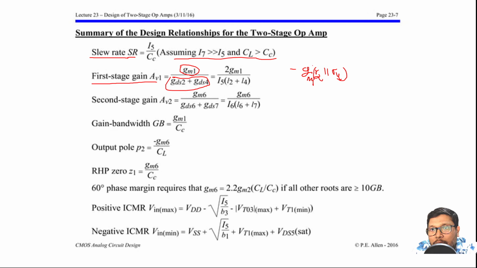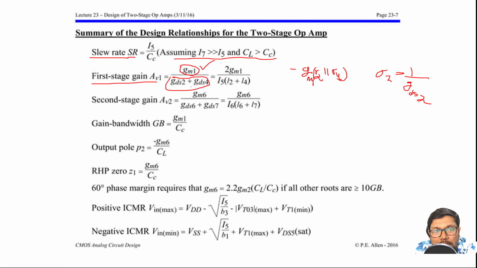So this formula is the same as this one, because R2 is equal to 1 by GDS2. Okay, so output conductance, this is GDS2, is equal to 1 by R2. So if you put this formula, you can get GM1 divided by GDS2 plus GDS4.